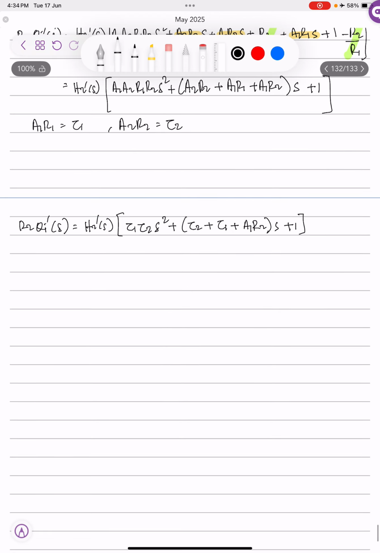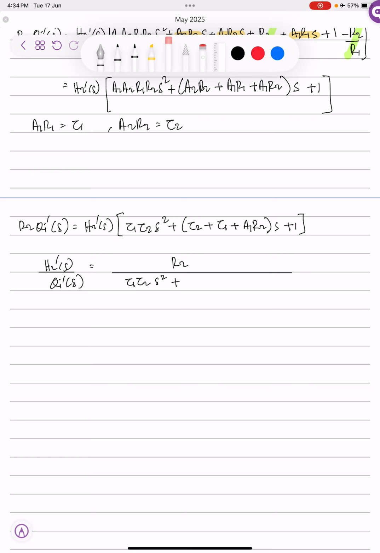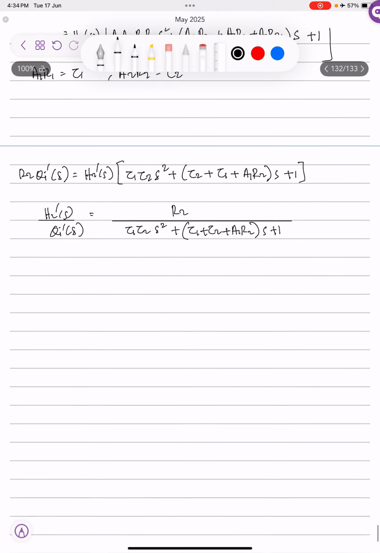And then if I want to write H2'(s) over Qi'(s), it would be R2 over that whole thing in the bracket: tau 1 tau 2 s squared plus (tau 1 plus tau 2 plus A1 R2) s plus 1.